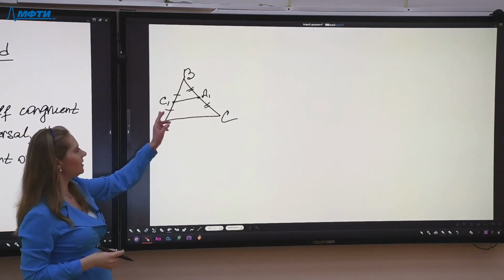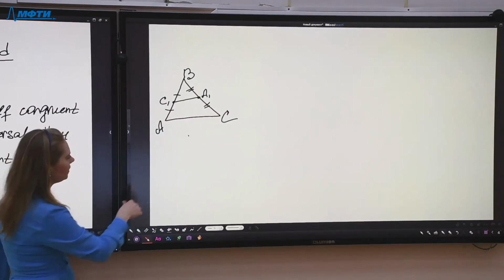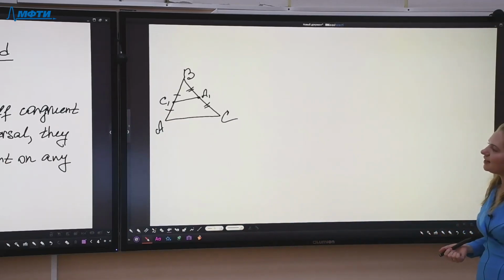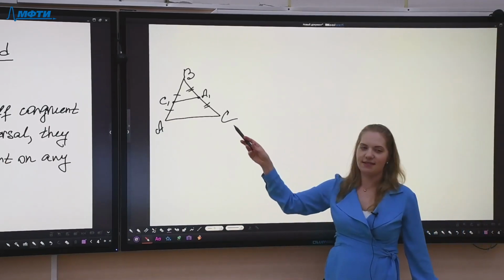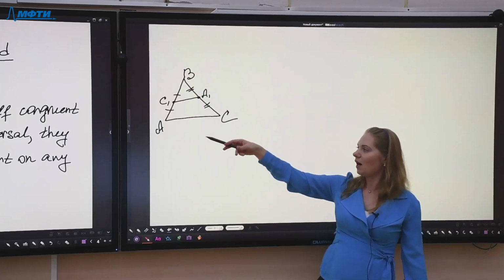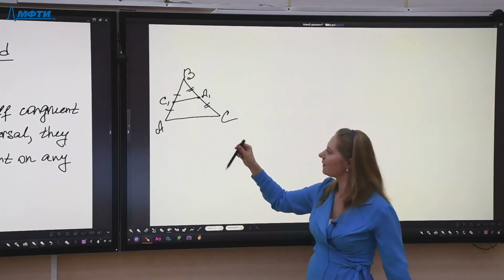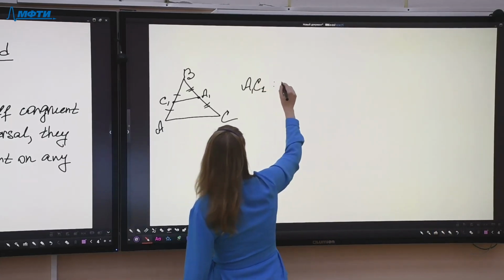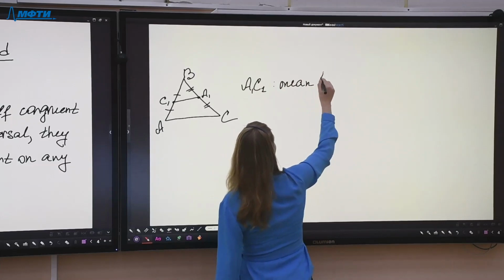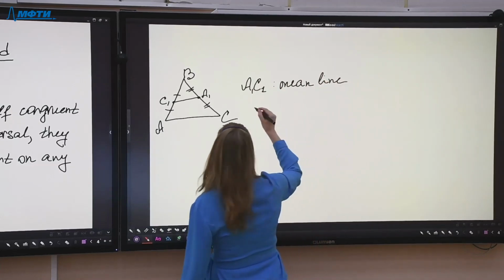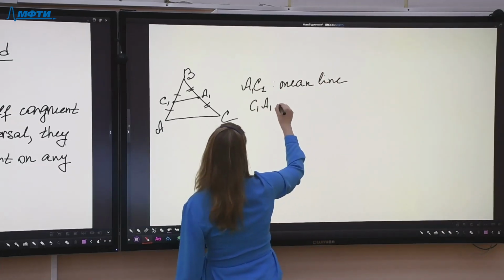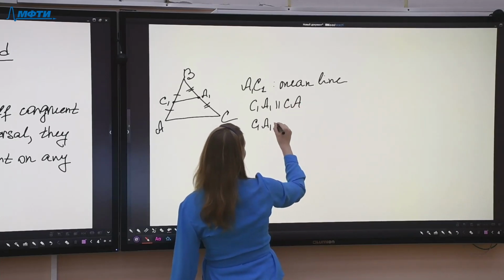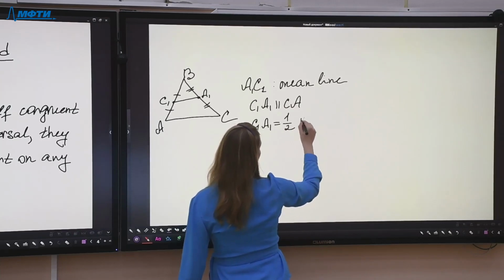This segment, C1A1, is called mean line of a triangle, and it is parallel to the third side, AC, and its length is 1/2 of the length of AC. So A1C1 is a mean line. We know that C1A1 is parallel to CA, and C1A1 is 1/2 of CA.